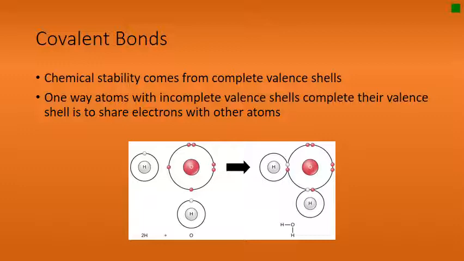Each hydrogen atom shares its valence electron with one valence electron of oxygen to make 2 covalent bonds, resulting in a water molecule.